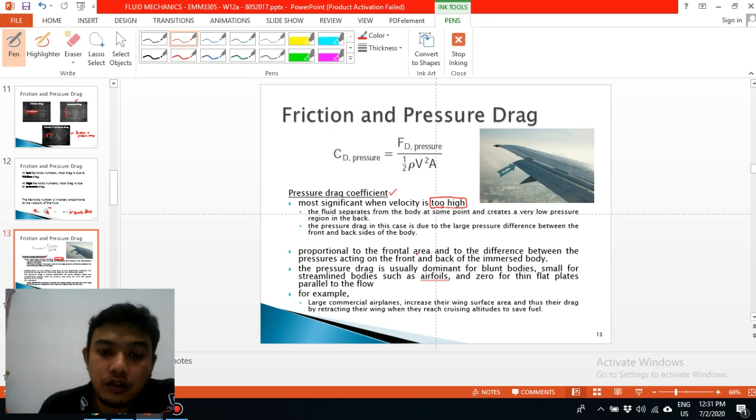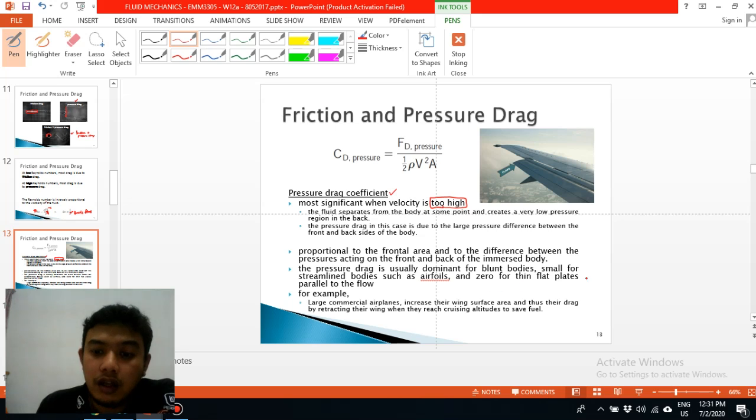It is proportional to the frontal area and the difference between the pressure acting on the front and back of the body. The pressure drag is usually dominant for a blunt body, small for a streamlined body such as an airfoil, and 0 for a thin body which is parallel to the flow.